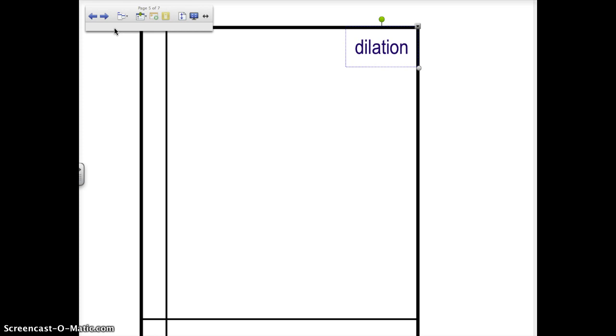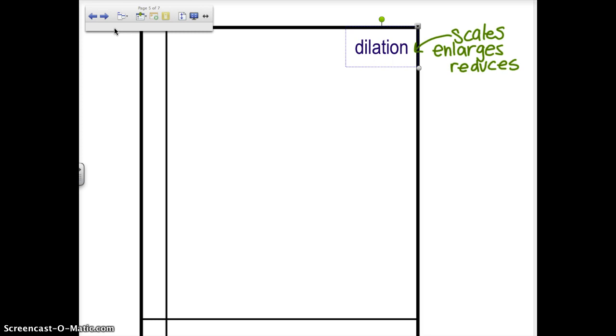Okay? A dilation scales a figure. Okay? So that may be something you want to jot down, that we're doing a scale. It either enlarges or reduces. Okay? So it either enlarges the figure or reduces the figure.